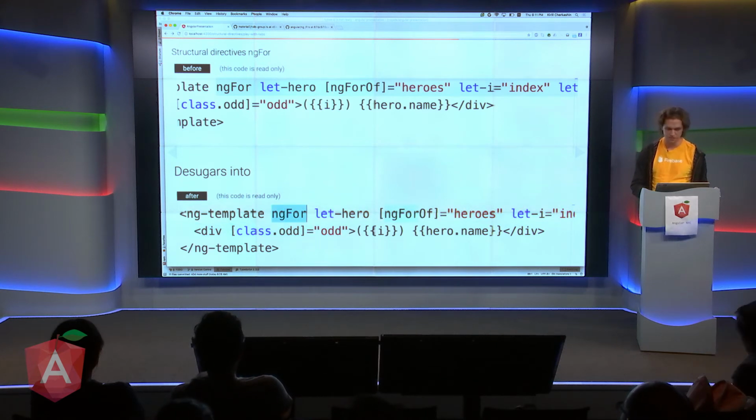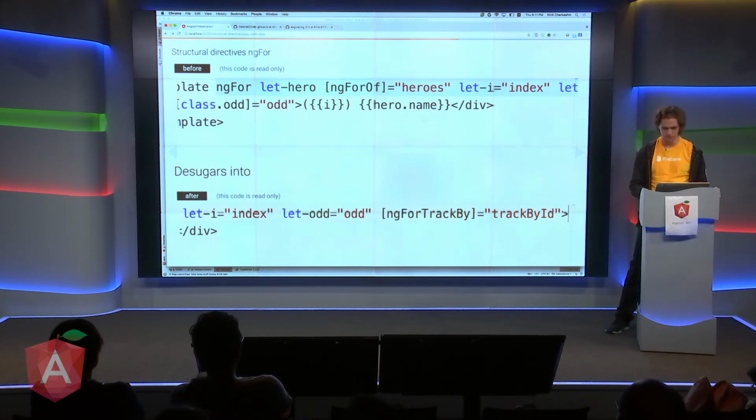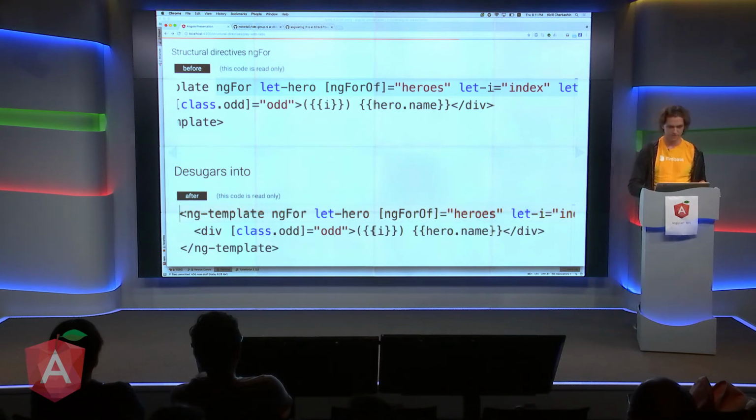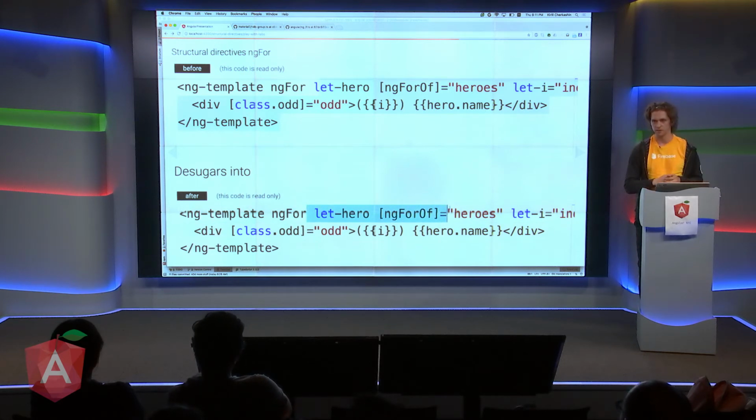It has an ngFor directive. It has ngForOf with heroes, where in the initial template it would be ngFor hero of heroes, right? For me, this looks super confusing, right? Besides the part that this is incorrect. Just generally, what are those, a bunch of directives, and where are they coming from?